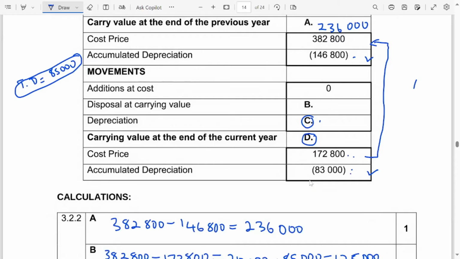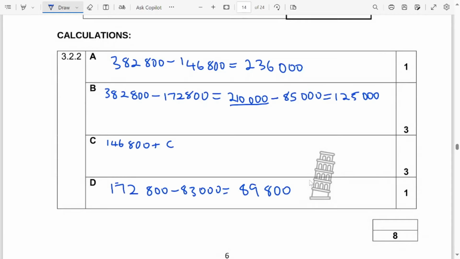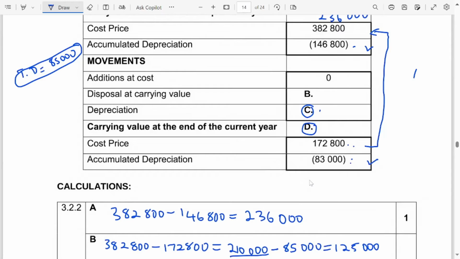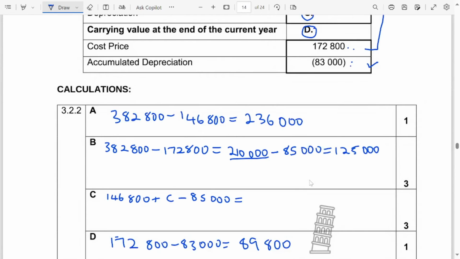The depreciation is not given, it is C, so plus C. Then you say minus the accumulated depreciation of the asset that is being disposed, which is 85,000. Then we get the accumulated depreciation at the end, which was given as 83,000. Now we just have to solve for C.